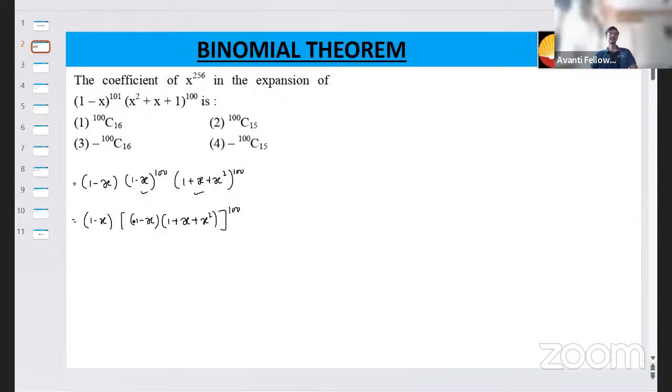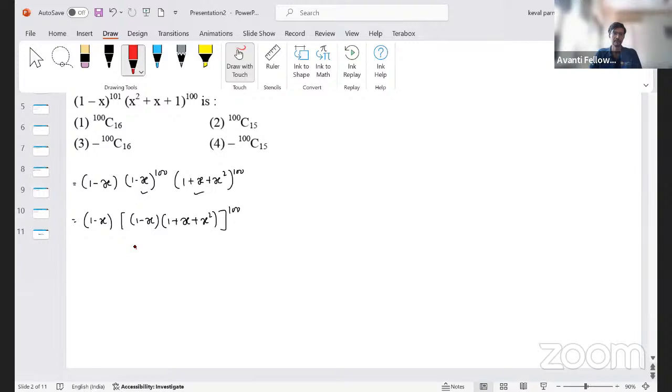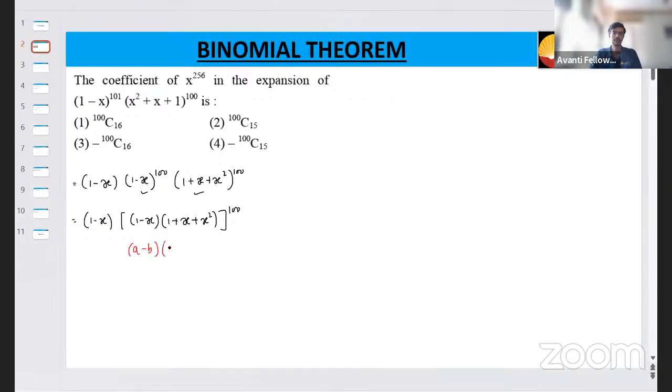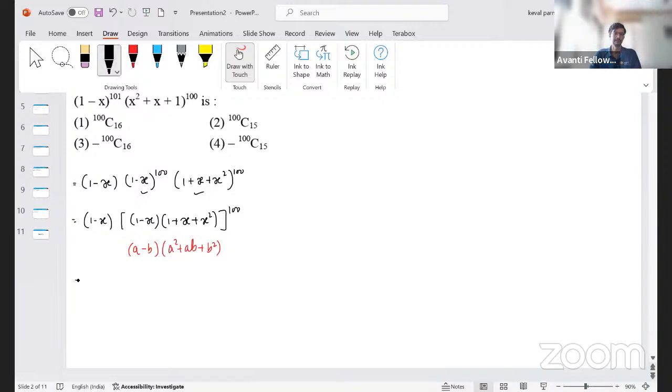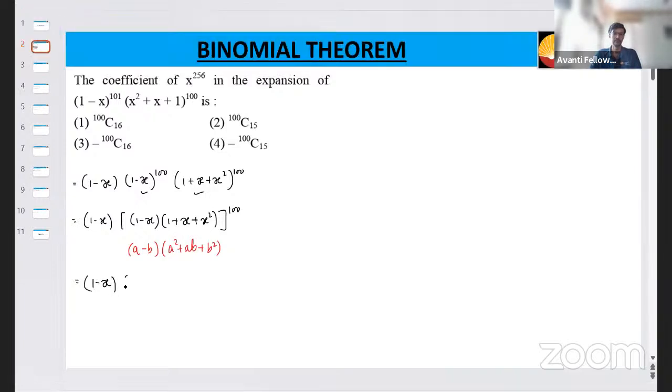Now if you see, what format is forming inside? The format is (a minus b) into (a square plus ab plus b square). So we can write it as (1 minus x) into (a cube minus b cube) raised to the power 100.